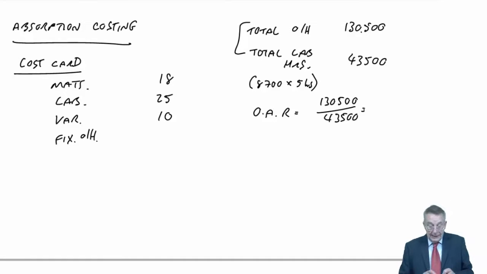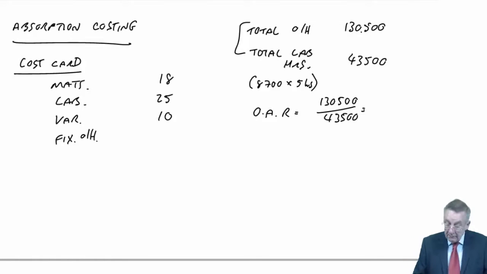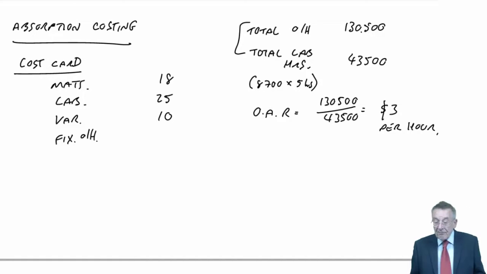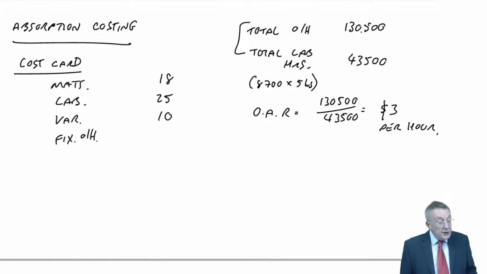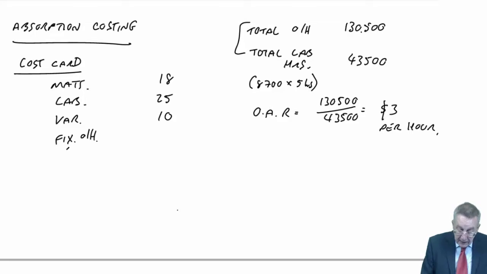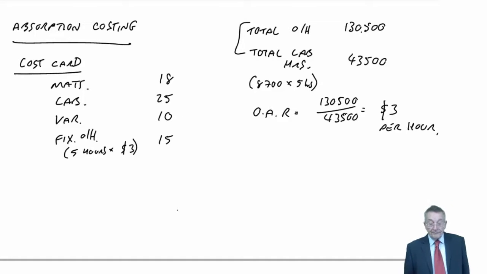It's how much per hour? That's nice, $3 per hour. And so if they're absorbing on the basis of labour hours, the fixed overheads, each unit was taking 5 hours of labour, and therefore at $3 per hour, it would be 15 a unit.